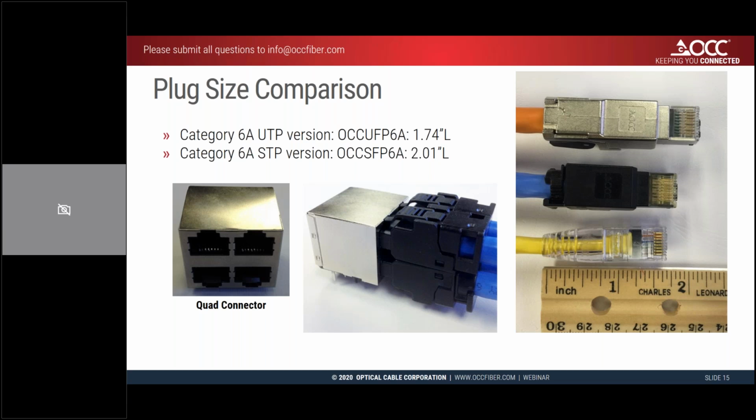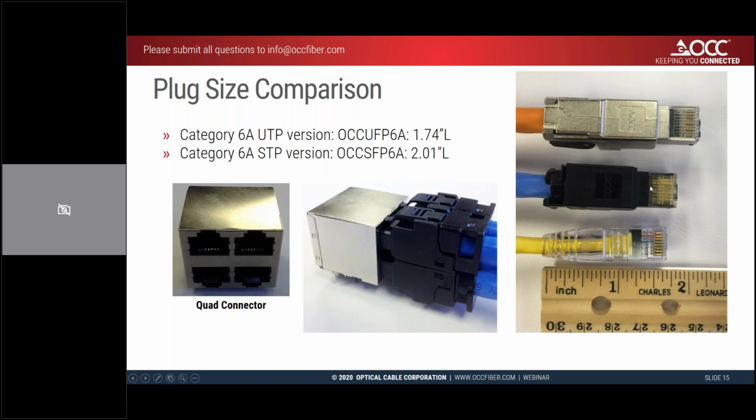So here's a little size comparison of what these field terminable plugs look like compared to standard patch cord plugs. In this picture on the right, you can see at the bottom, next to the ruler, is a standard patch cord plug with a boot on it. They almost always have boots. That's almost like 1 3/4 inches.